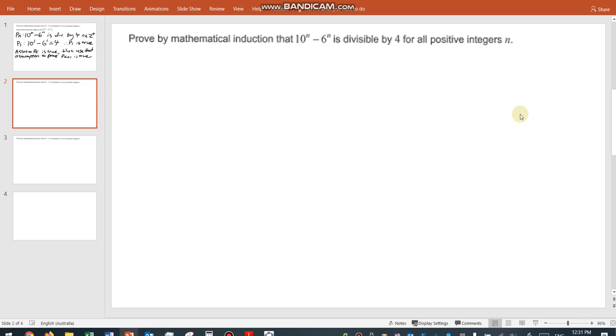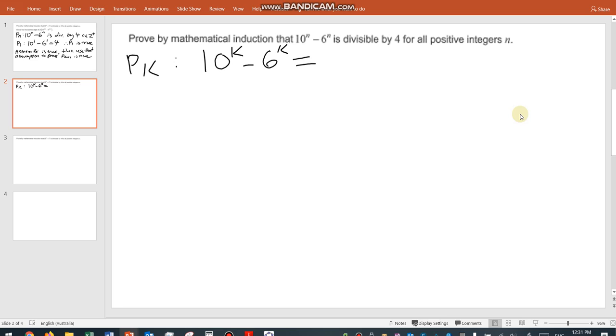Okay, so let's go ahead and look at our P of k. So our P of k is just when n equals k. So we just have 10 to the power of k minus 6 to the power of k is going to equal, well, it's going to be divisible by 4.